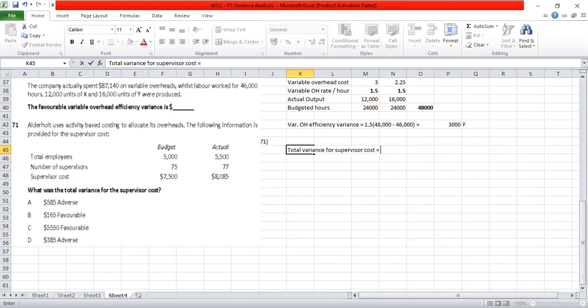Under budget it is 75 supervisors for 5,000 employees, and here it is 77 supervisors for 5,500 employees.